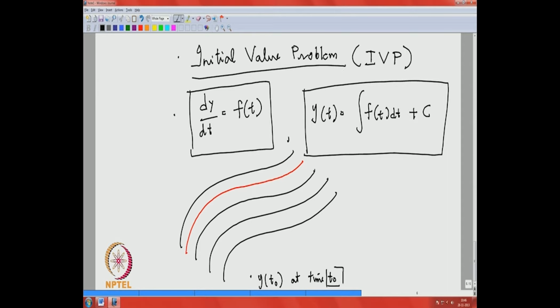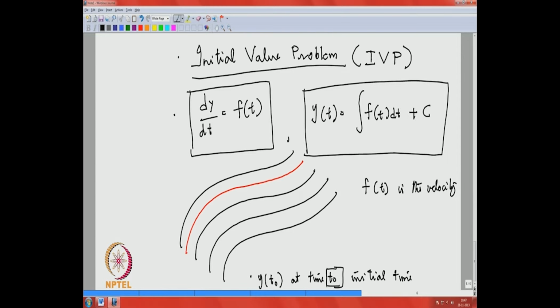This time t naught is called the initial time, and f of t is the velocity at all times. That is a standard physical problem: if you know the initial position and the velocity at all times, your job is to determine the trajectory.